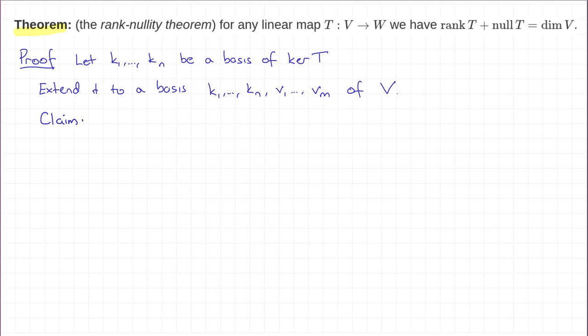What we're then going to prove is that the vectors T of v1 up to T of vm are a basis of the image of T. Before we do that, let's see why that's enough to prove the theorem.